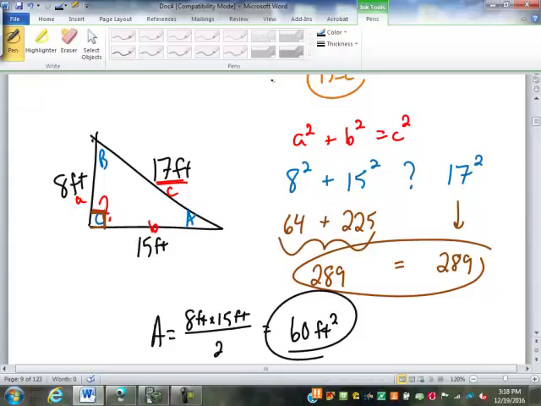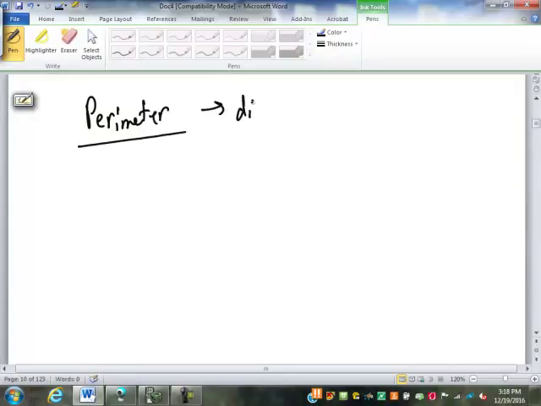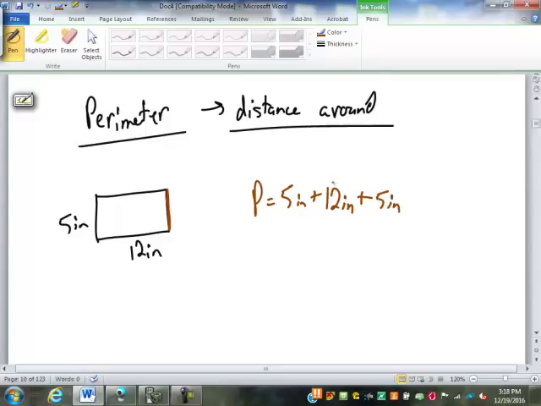Another reason why we're looking at that is because we're going to talk briefly about perimeter. Perimeter is the distance around an object. So for a rectangle, if I have sides of 5 inches and 12 inches, the perimeter is just going to be 5 inches plus 12 inches plus, how long does this side have to be? 5 inches, because it's got to be the same as the opposite side.